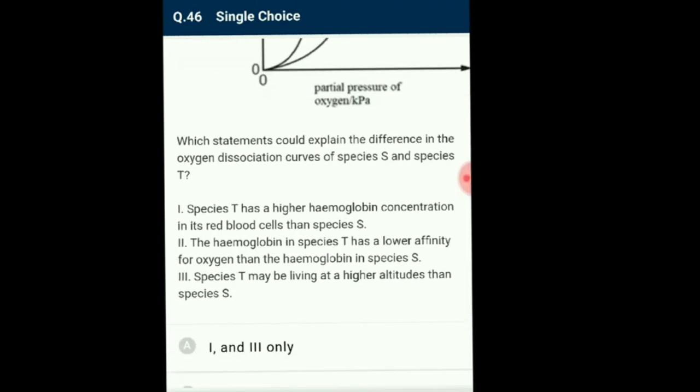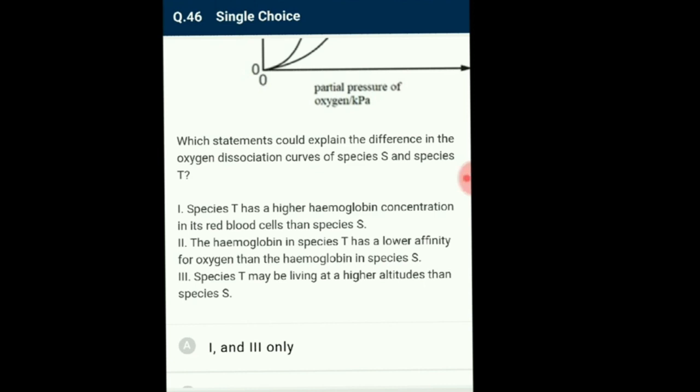Here three statements are given. The oxyhemoglobin dissociation curve provides information about the relation between the partial pressure of oxygen and the oxygen saturation. Hemoglobin's affinity for oxygen increases as molecules of oxygen bind to it.